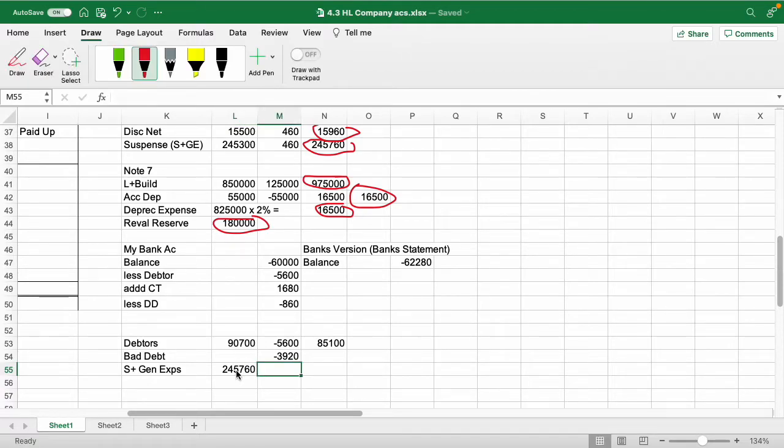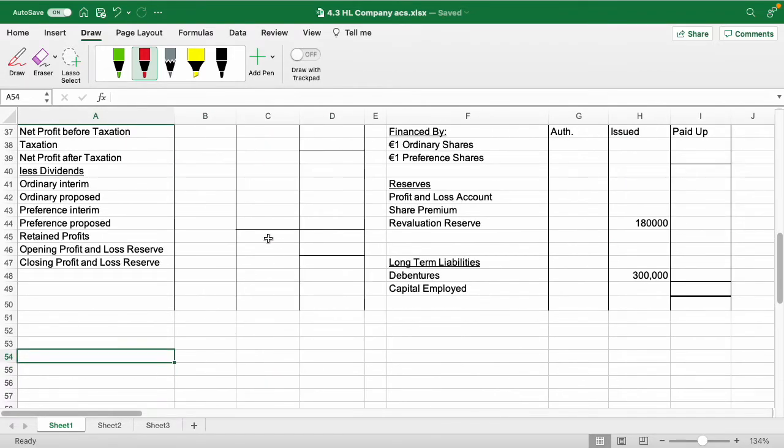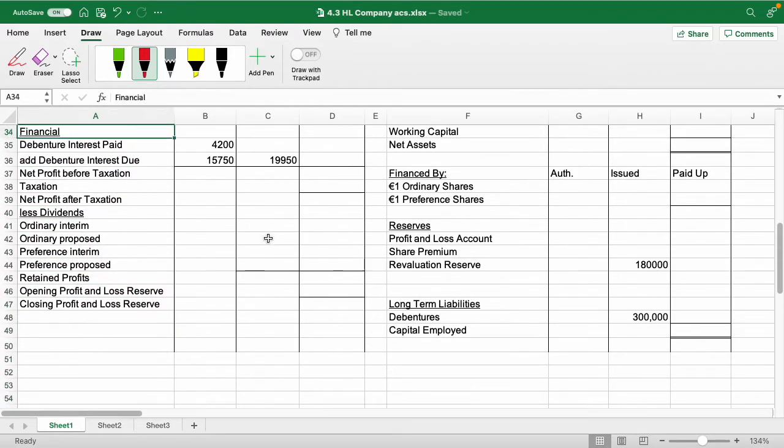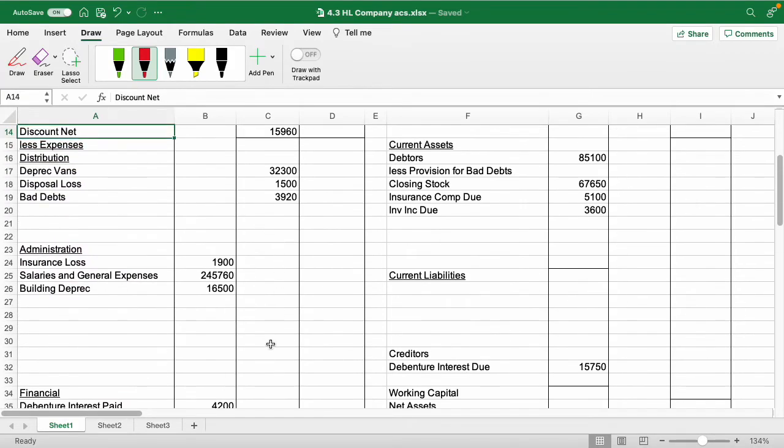I'm going to add another expense for this refuse. So now the new figure for salaries and general expenses is those two added together. So that's N55. I'm just going to put that over here.